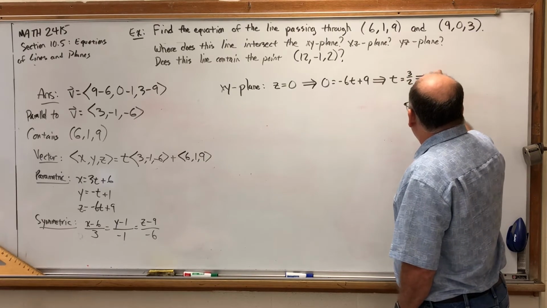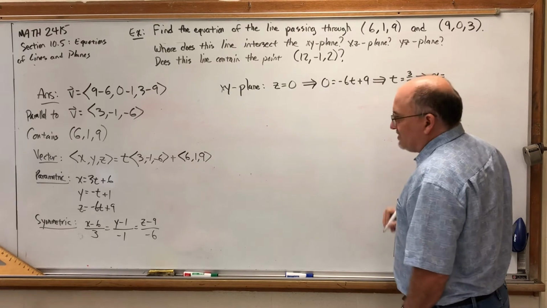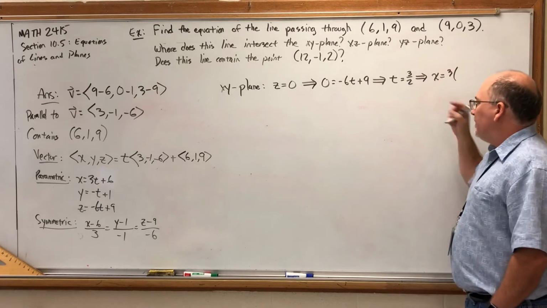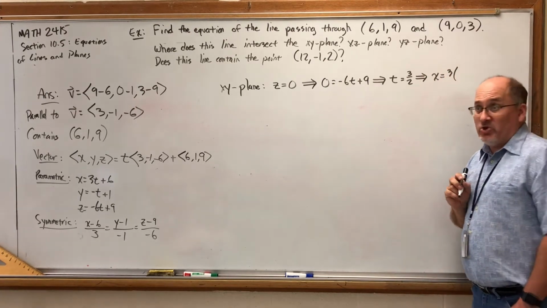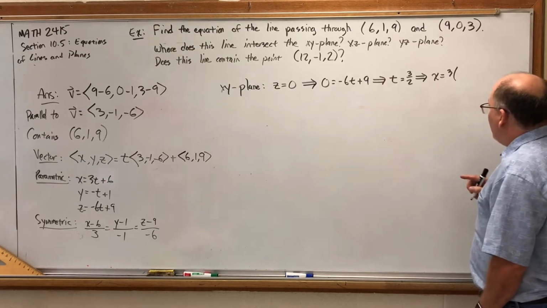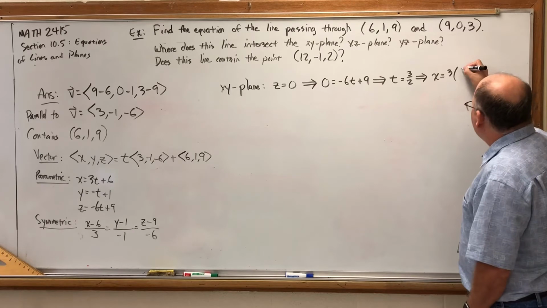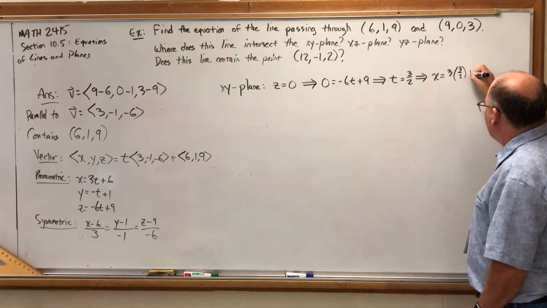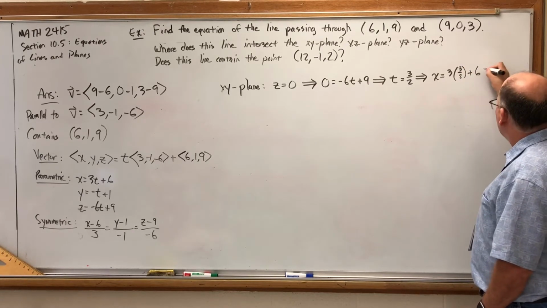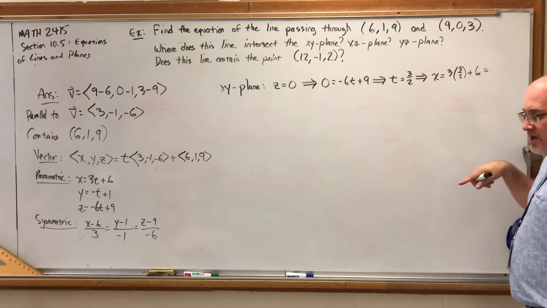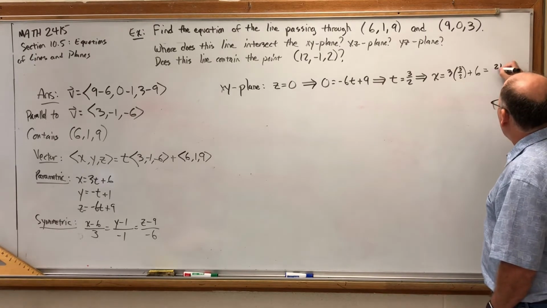But this implies two things, that x is equal to 3, I'm sorry, I said 2/3, but I wrote 3/2. 3/2 is correct. Continuing, if t is equal to 3/2, that implies that x is equal to 3 times t, or 3 times 3/2, plus 6, which is equal to 9/2 plus 6. 6 is 12/2. 9/2 and 12/2 is 21/2.